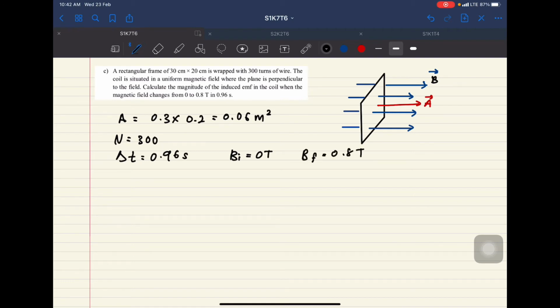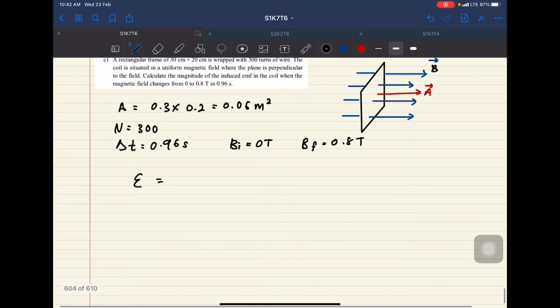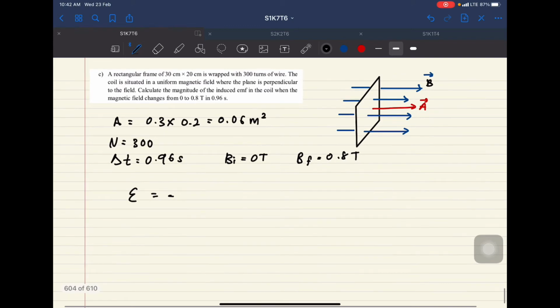So you can calculate this one using summation, EMF, induced EMF is equals to negative NBA cos theta. Because theta is equals to 0 degrees, so cos 0 is equals to 1, so I'm not going to write the cos there. I write down the formula first.